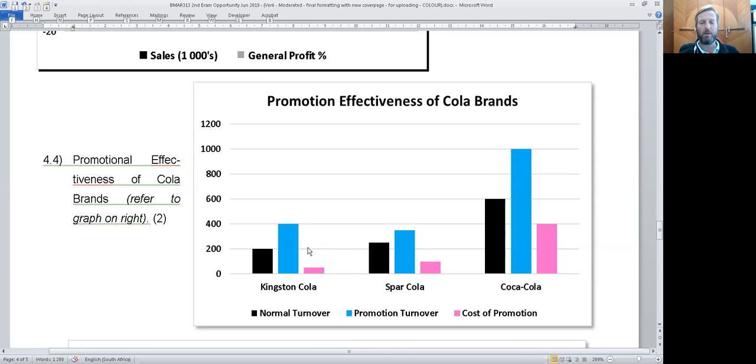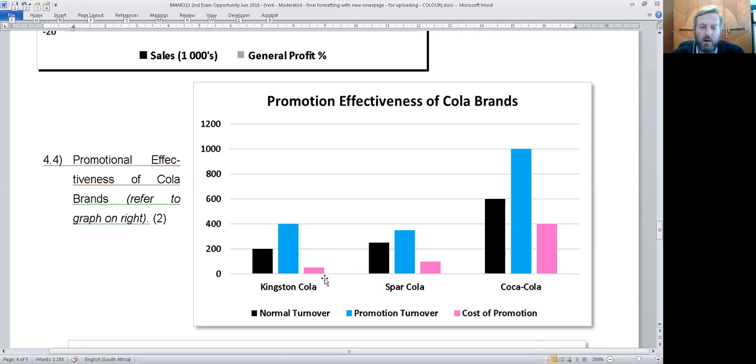But if we compare these three with each other, and we look at the amount of jump it had between normal turnover versus promotional turnover as a function of the cost of promotion, it seems like Kingston seems to be the best option for us to use promotions on.